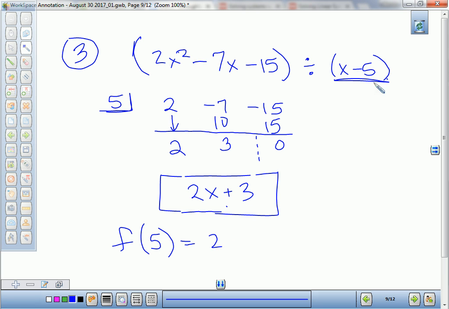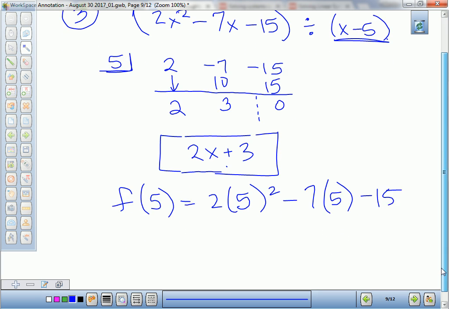If I plug in the opposite of this, and I do synthetic division, I get 0. But if I plug the opposite into the function, this is kind of cool. And you could use your calculator for this. 5 squared is 25. 25 times 2 is 50.